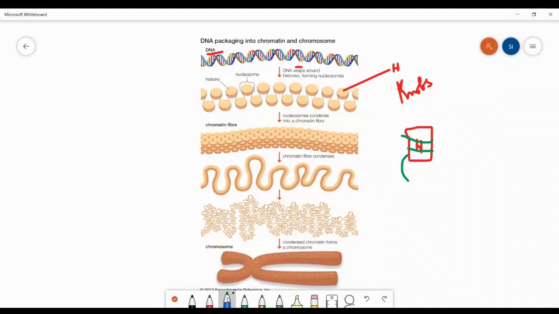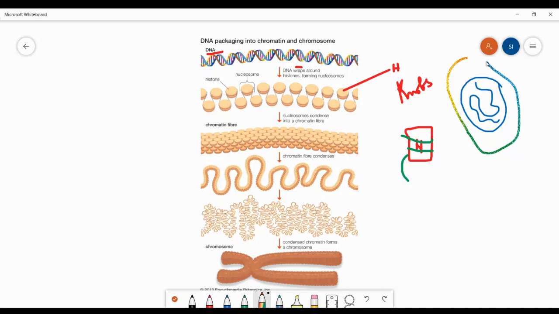exists normally as chromatin inside the nucleus of the cell. So cell membrane, cytoplasm, nucleus is the normal state.